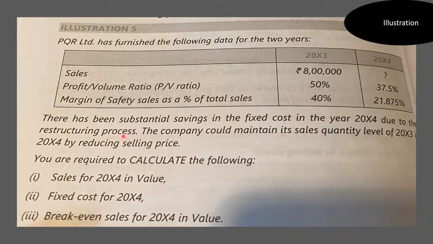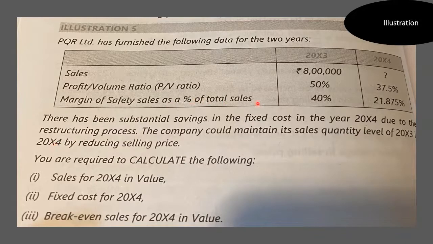Let's see what additional information is given. There has been substantial savings in fixed cost in the year 2014 due to the restructuring process. The company could maintain its sales quantity level of 2013 in 2014 by reducing selling price. That means the volume has not changed. The company has maintained sales quantity level as it is in 2014. So the total volume remains the same.